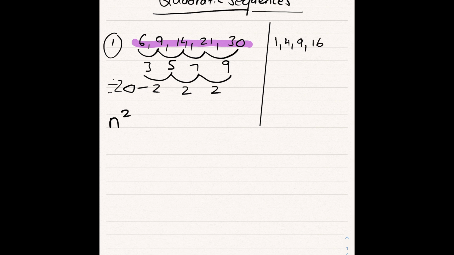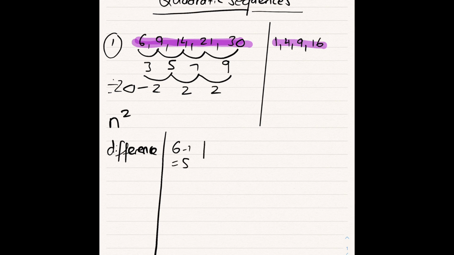Now the next step is to find the difference between 6, 9, 14, 21, and 30 and the square numbers themselves. So let me write here, difference. We want 6 take away 1, which is 5. 9 take away 4, which is 5. 14 take away 9, which is 5.